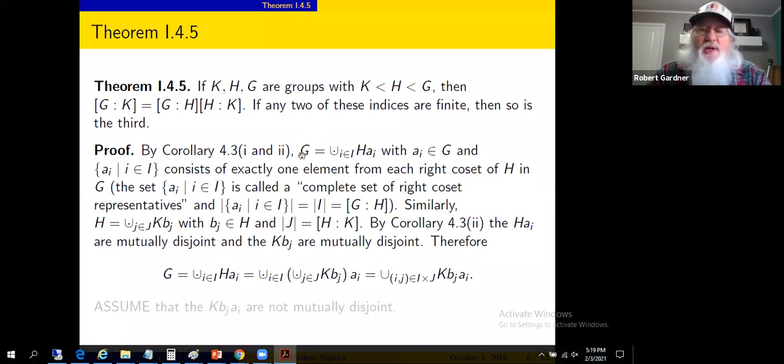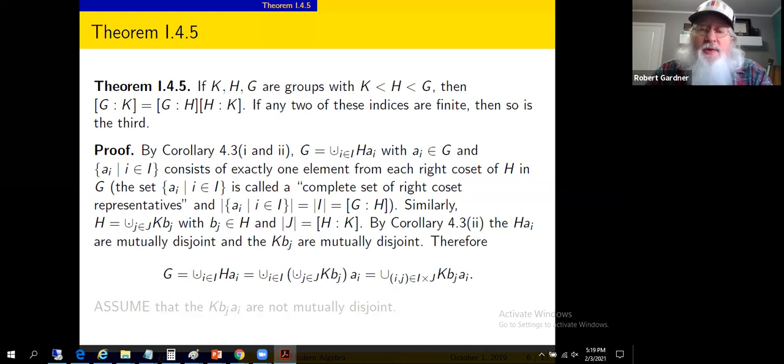We're going to take G and write it as a disjoint union of right cosets. Remember that corollary, parts 1 and 2, said the right cosets of H in G partition G. So we're using a union symbol with a dot in the middle of it to indicate that this is a disjoint union.